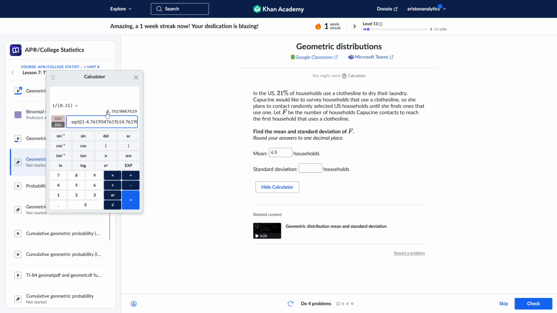Hmm. Where'd the rest of my equation go?